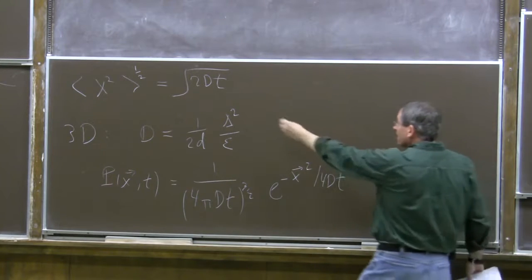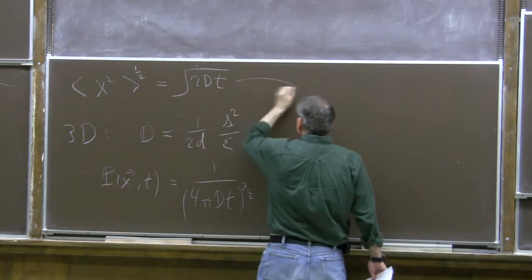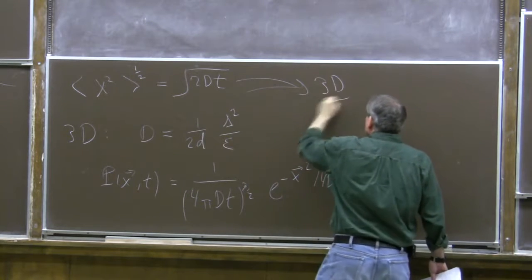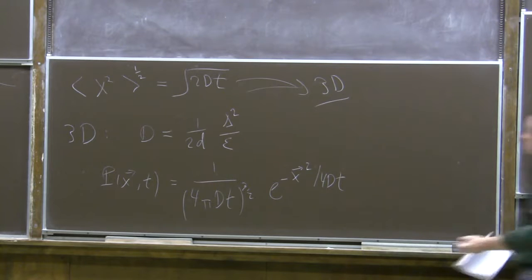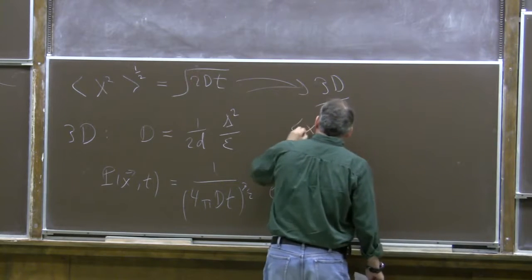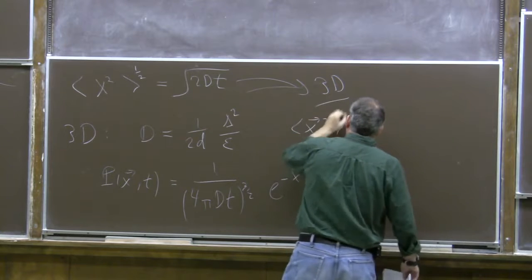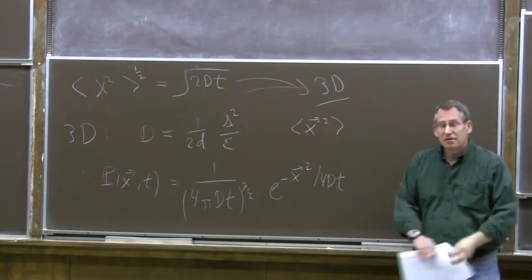So in 3 dimensions, if I consider the typical distance traveled, now we add up the distance traveled in the x direction, the y direction, and the z direction. That is, we add up the squares. There's a contribution to the mean value of x squared.